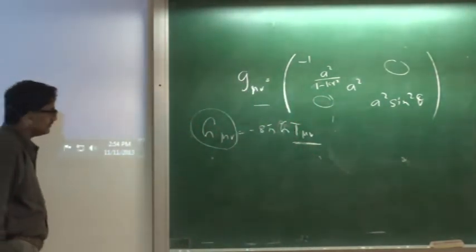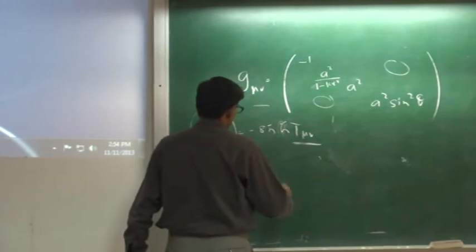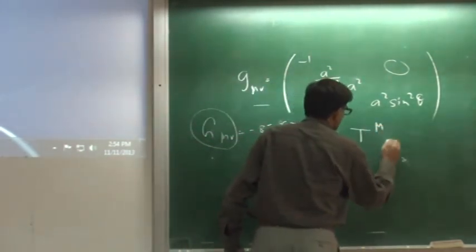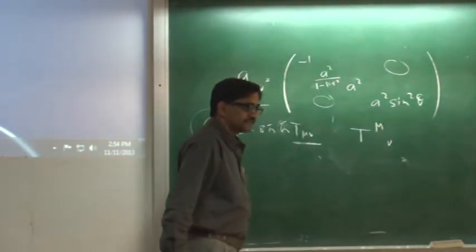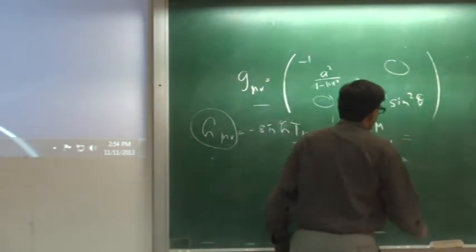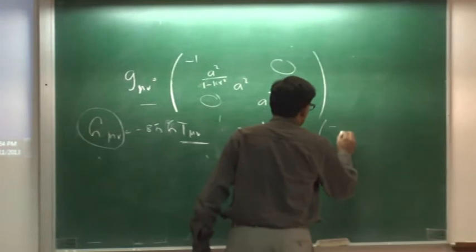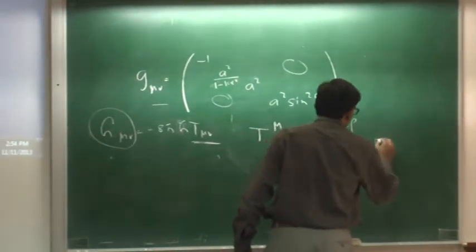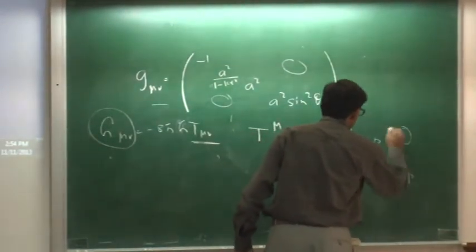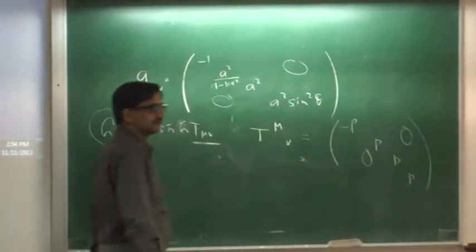For the mixed tensor T mu nu, for the case of cosmology, for a homogeneous isotropic case, it will be given by minus rho, p, p, p.